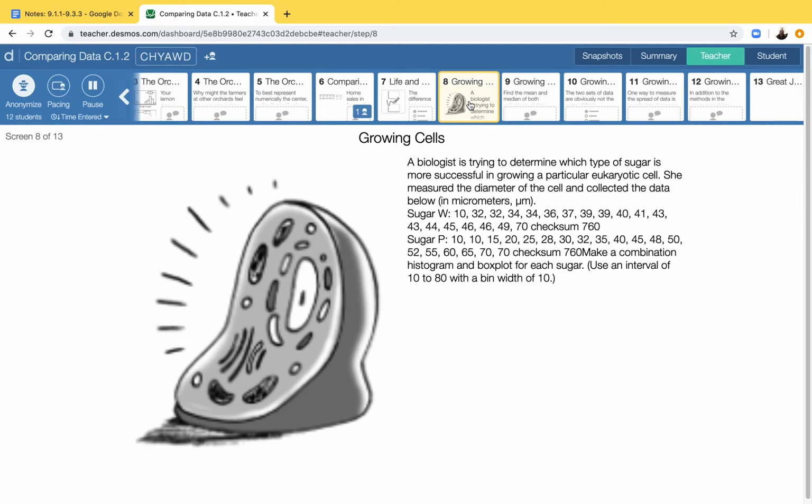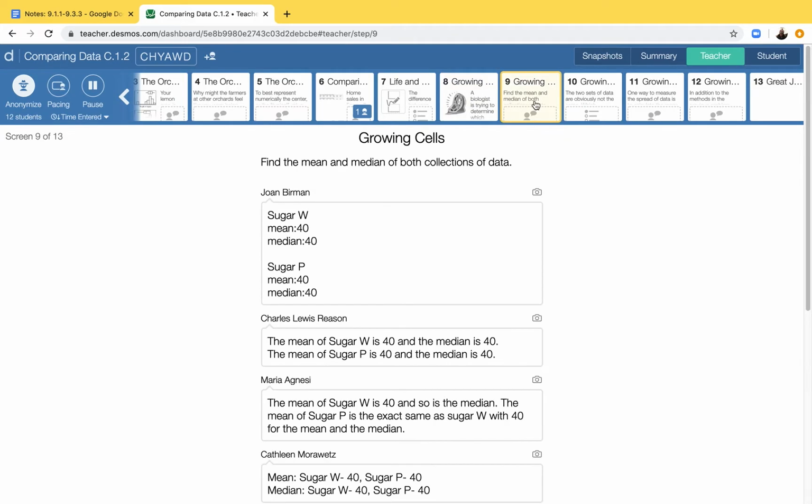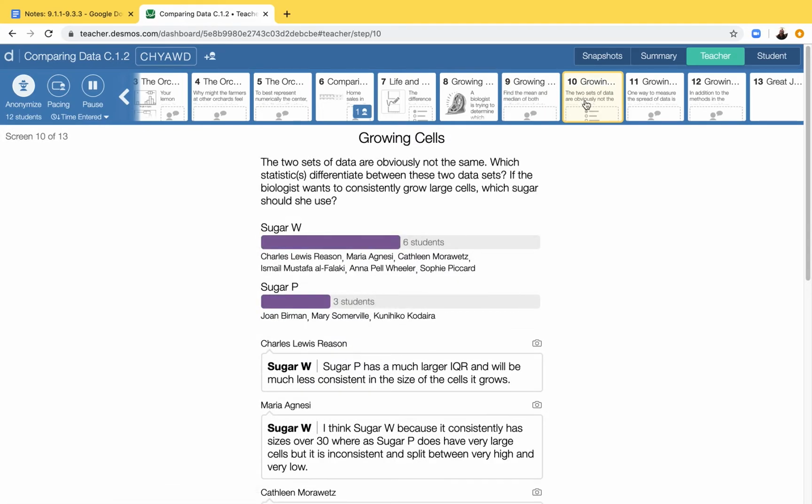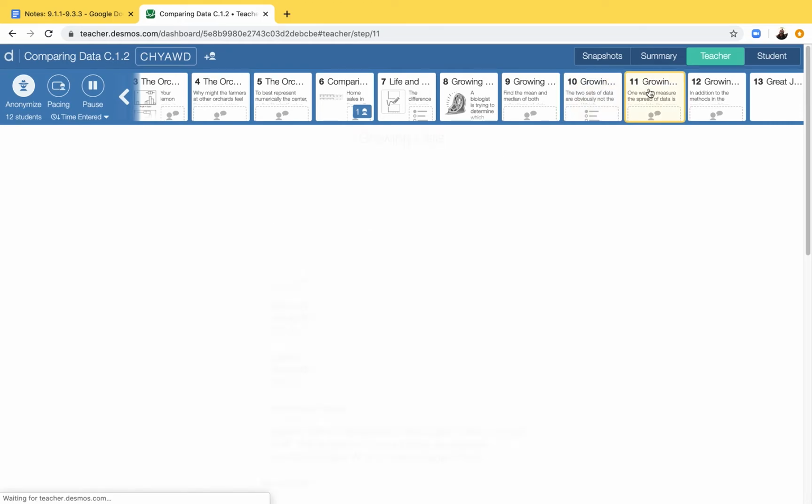It wouldn't matter if you use sugar W or sugar P. But if we do a deeper dive, then we might realize that there's really more going on than what meets the eye. If the mean and median are the same, or we just want to make better decisions, we could look at what's called the spread. And the spread is the range, the interquartile range, or the standard deviation.